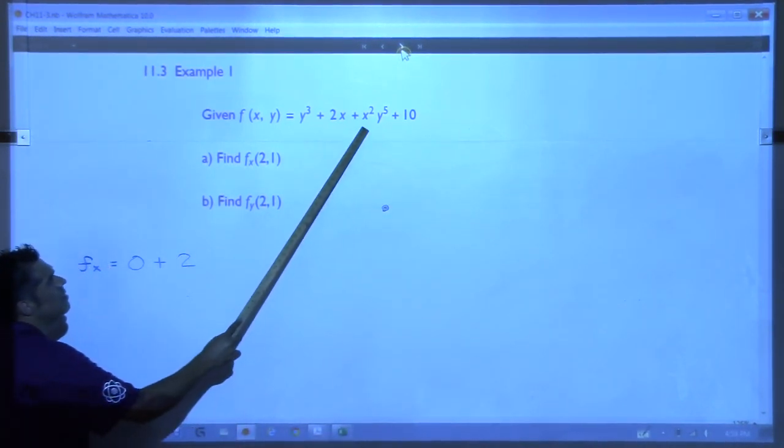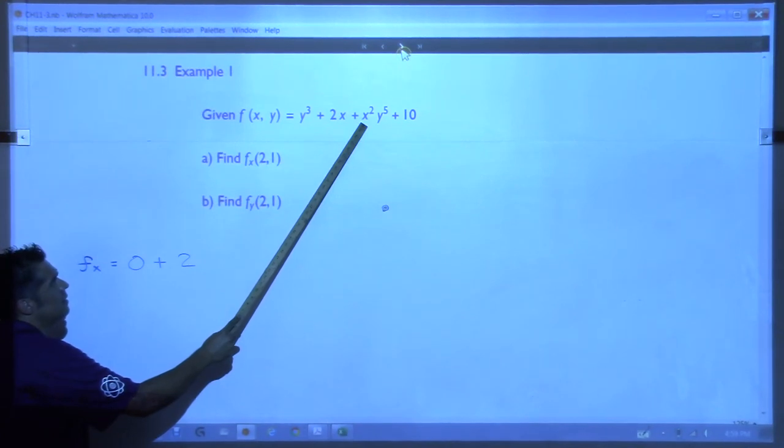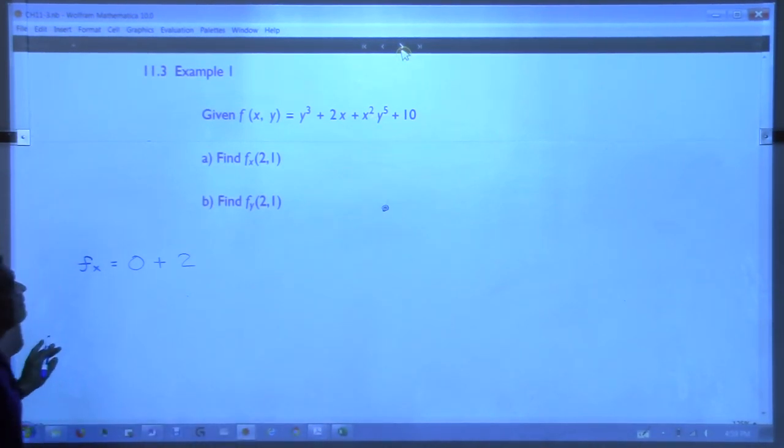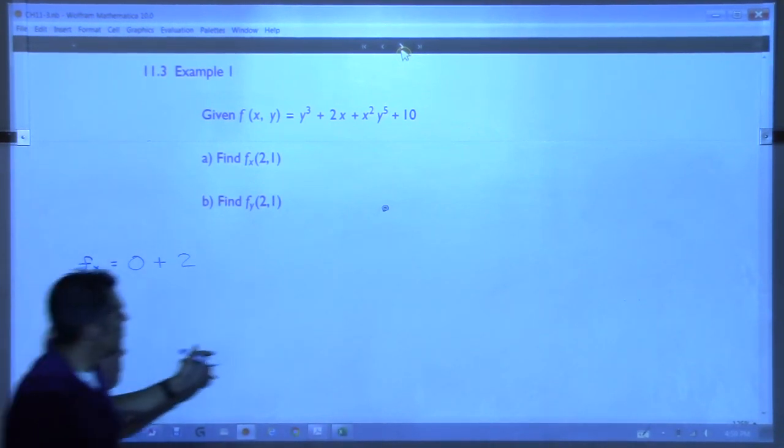Now this one here is a little bit tricky. That's good, 2x, but what about the y to the 5th? So do we use product rule or do we not need product rule? What do we do here? Let's just look at it real quick over here.